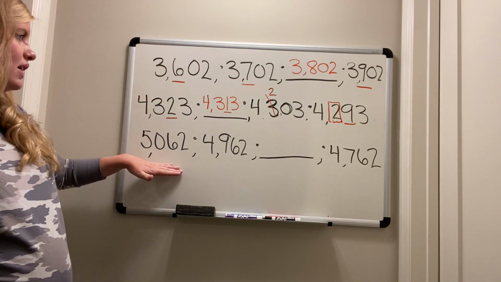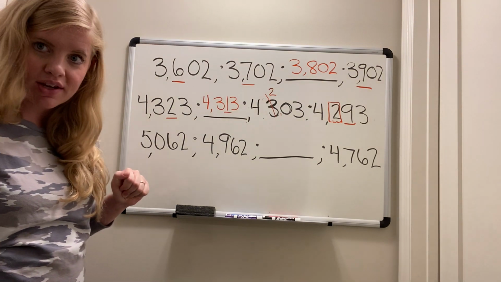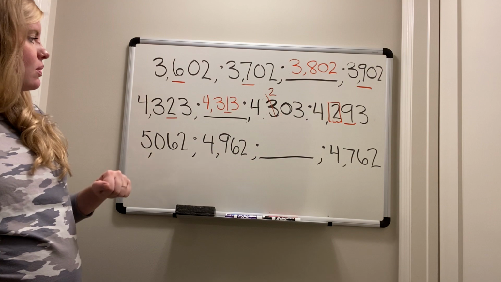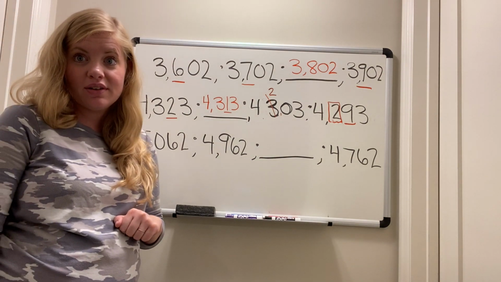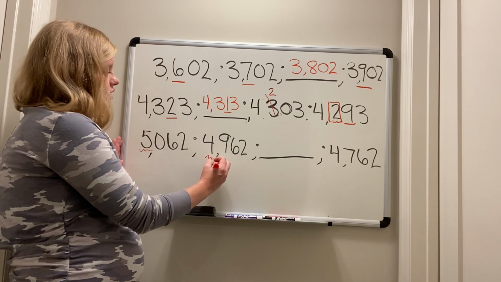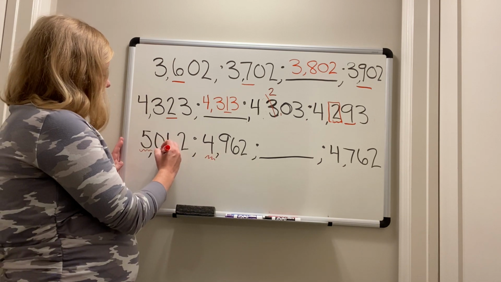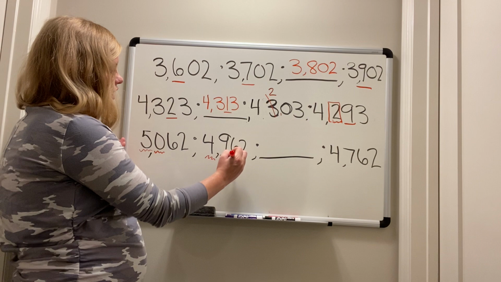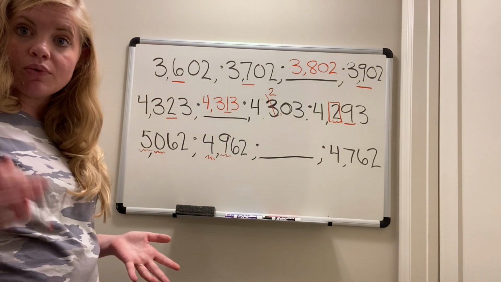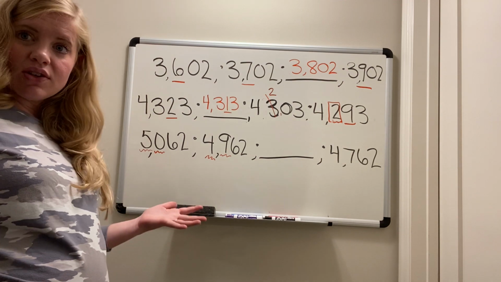Now, this one, same thing here, right? Let's look for the number that's changing. But we see from here to here, there are two numbers changing, aren't there? The 5,000 is changing to a 4,000, and the 0 is changing to a 9. So do we think it's going down by 1,000 or 100? Let's look.